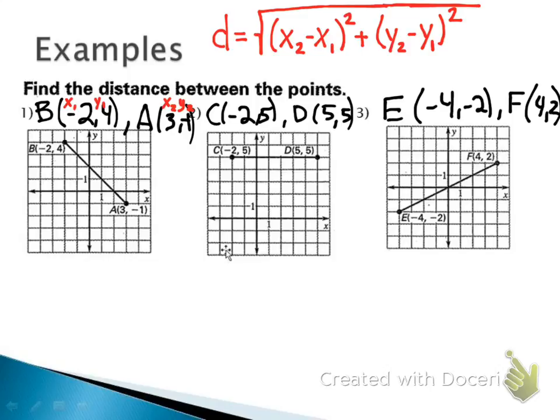What is my x2 in the first problem? 3 minus, what's my x1? -2. I'm going to square that. Plus, what is my y2?